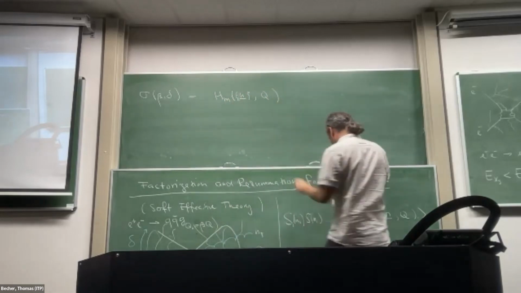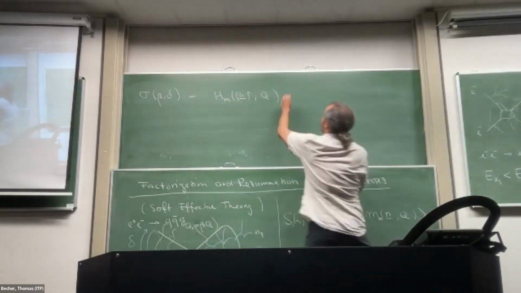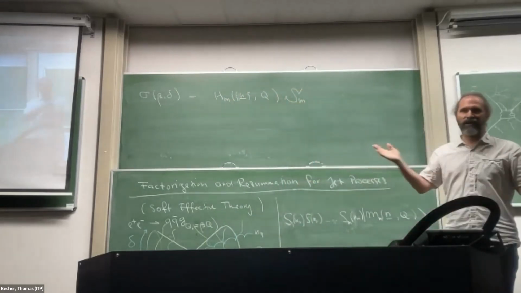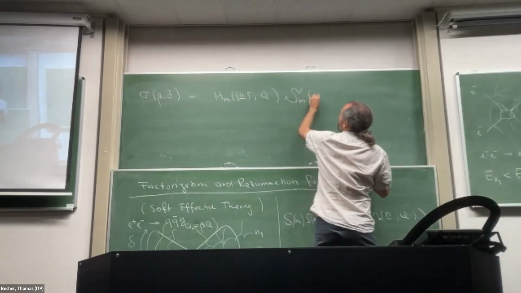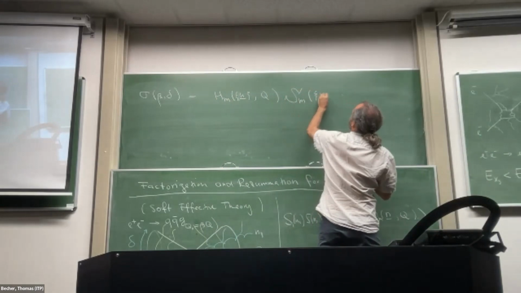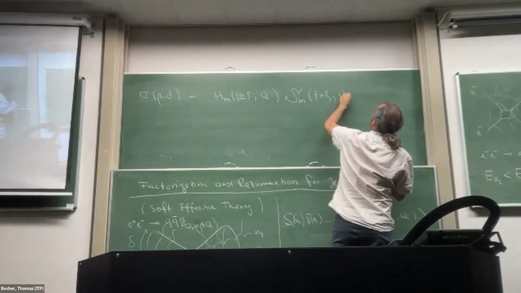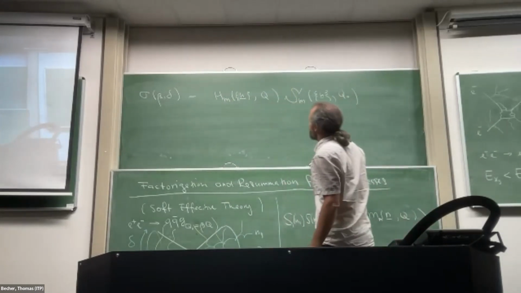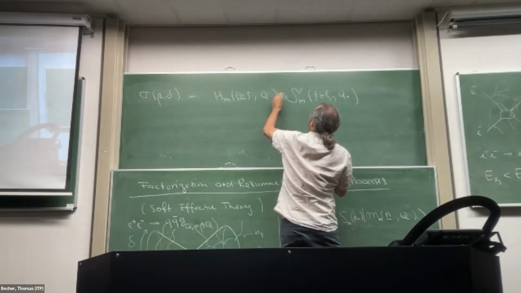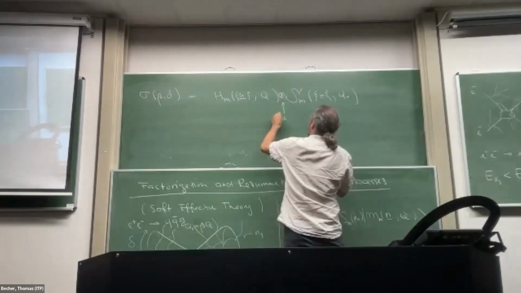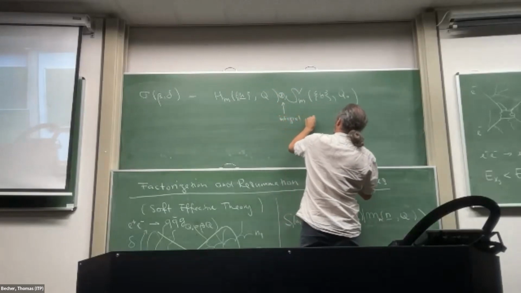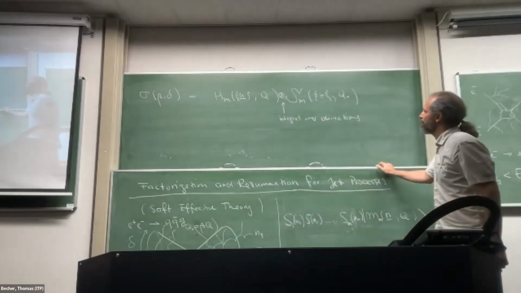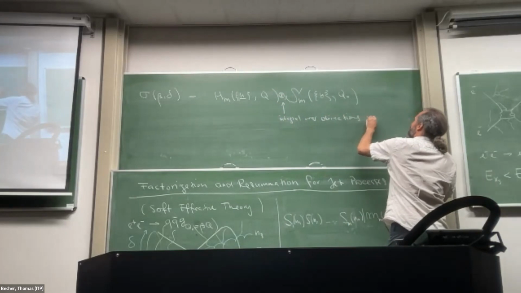And then there's the soft function. I will now have to use the calligraphic S. The soft function S_M, this is the collection of all these Wilson lines squared. Again, it depends on all the directions. And then, after combining these, I will integrate over all the directions.